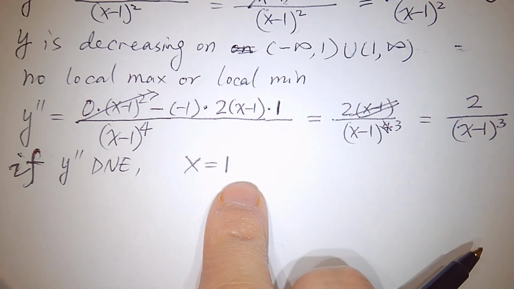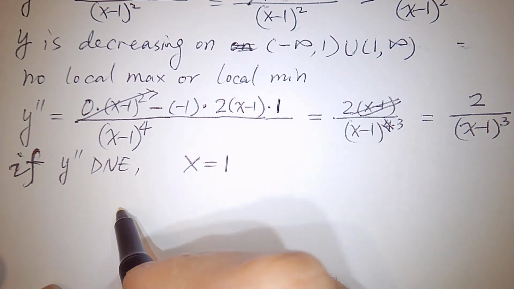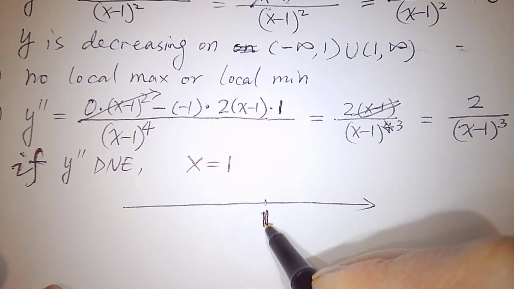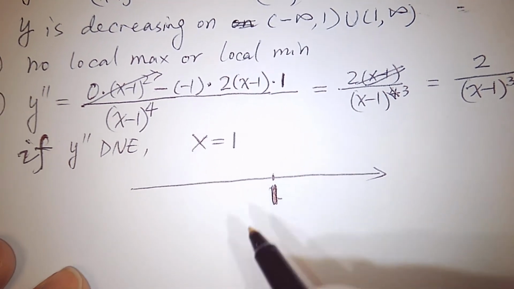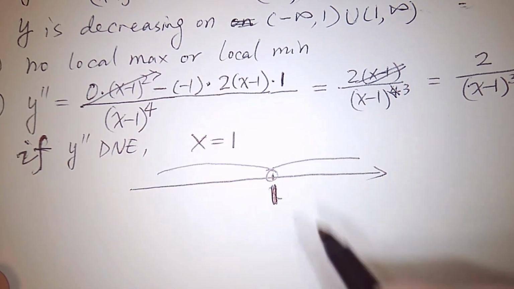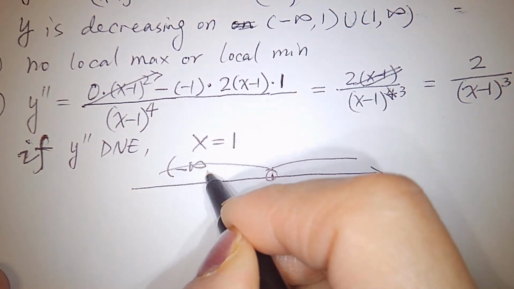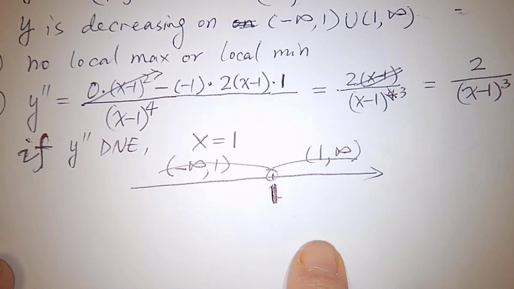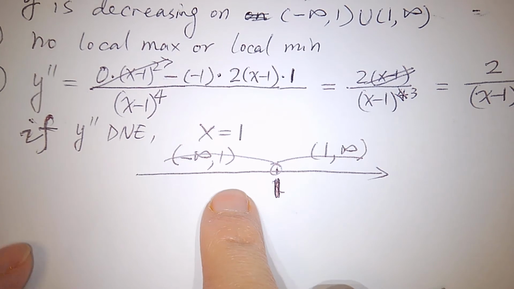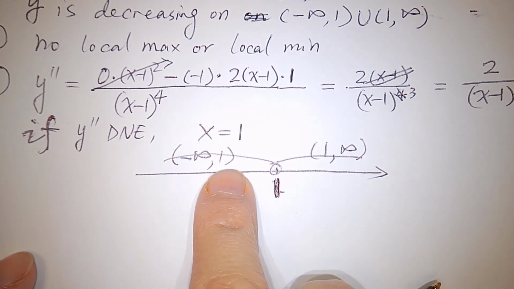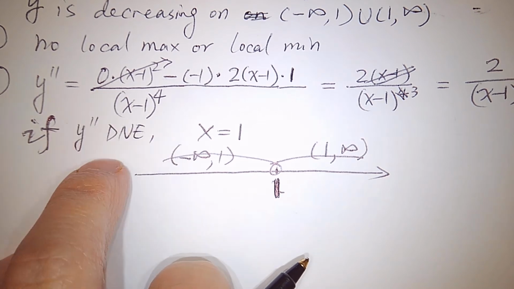So once we have x equals 1, what do we do? Remember? We put a 1 on the real number line, and now we divide the real number line into what? 2 intervals. Negative infinity to 1, and 1 to positive infinity. So what do we do then? Check the key points on the intervals, and then check the sign of y prime prime.